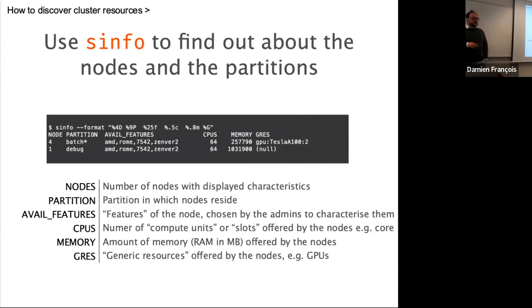So the letter corresponds to the name of a column, and the number here is the width of the column. And basically, with --format you can write a format string that allows you to choose exactly what information sinfo is showing.